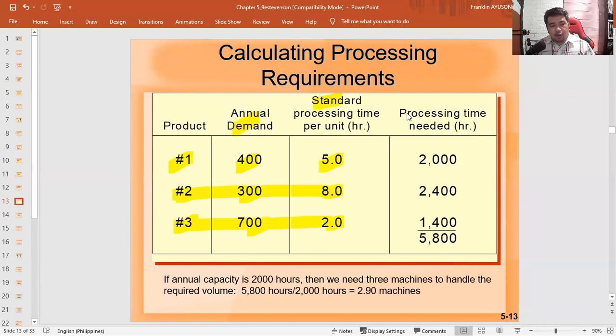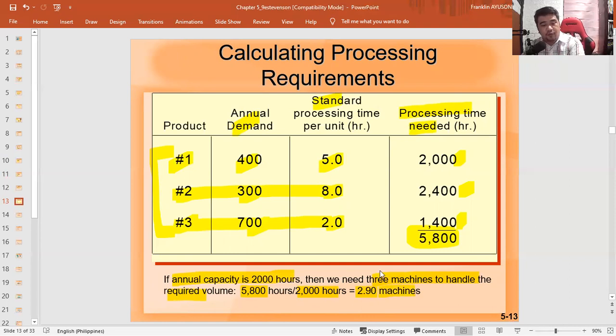Then the overall processing time needed to produce these 3 products is 2,000, 2,400, and 1,400, with a total of 5,800 hours. Now if the annual capacity is 2,000 hours per machine, then we need 5,800 hours divided by 2,000 hours per machine. That would mean a 2.9 machine requirement.